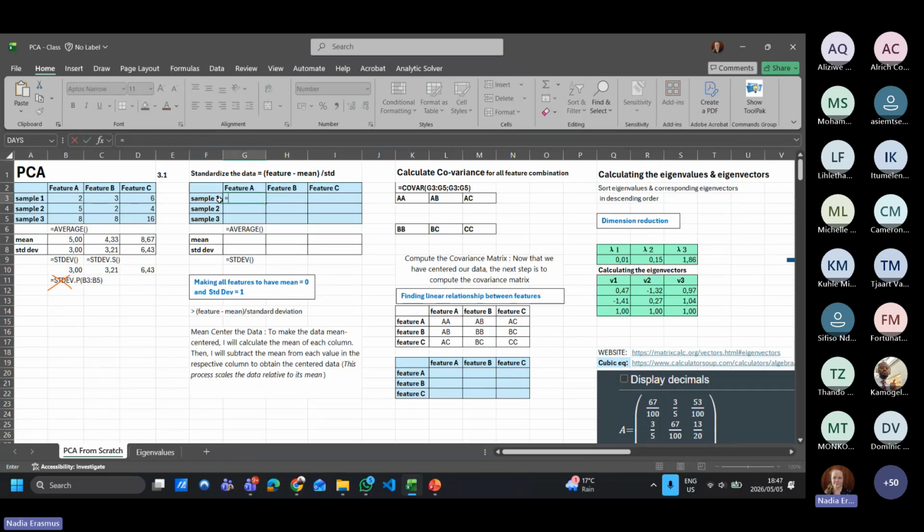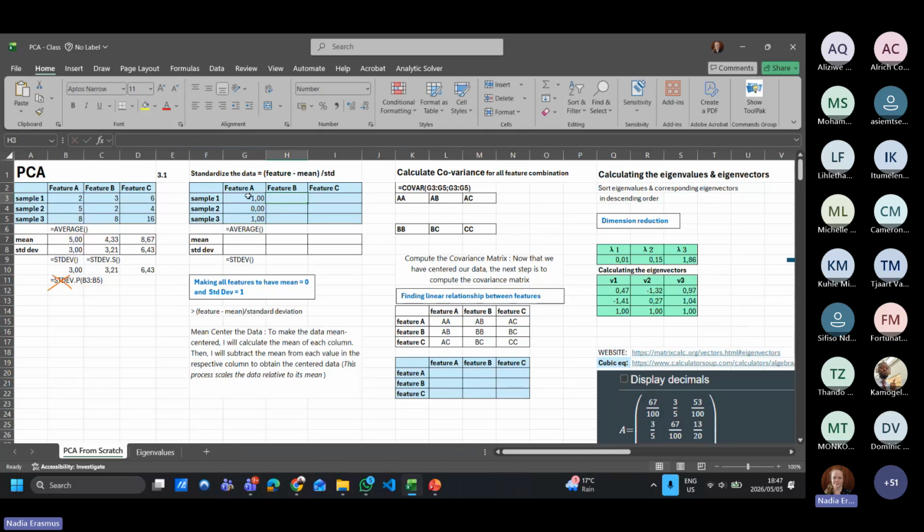So we're going to have equals, in brackets, the feature itself, minus the mean, we can lock that one in with F4, divided by the standard deviation. I can lock that one in with F4 as well. Why? Because then I can just drag this one down and it will still give you the correct summation. Otherwise, you can just go and type it in.